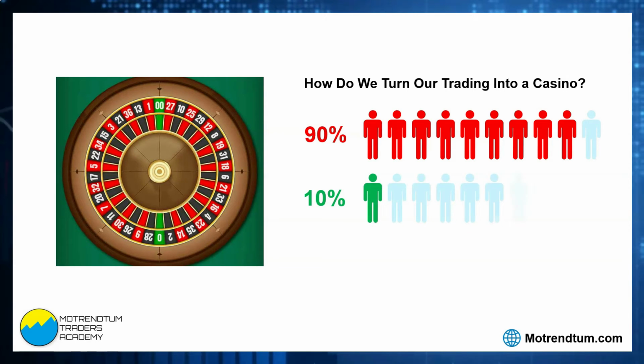That's 90% of people that approach the financial markets in the hope and aspirations of being profitable and making more money than they lose. Only 10%, 1 out of 10, are able to succeed over the long term.